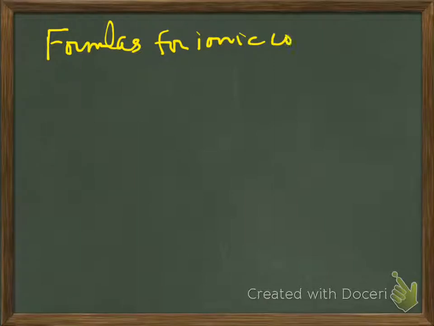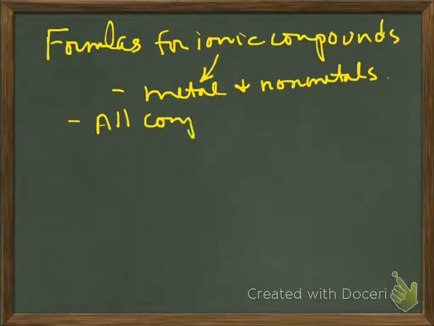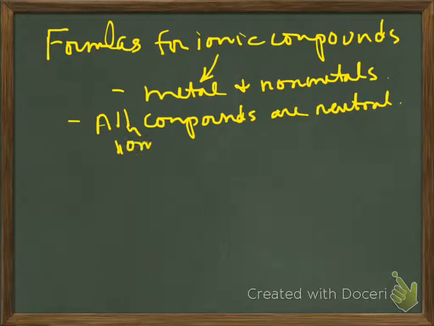Okay, moving on. Formulas for ionic compounds. Remember, ionic compounds are formed generally between metals and nonmetals. And all ionic compounds are neutral.